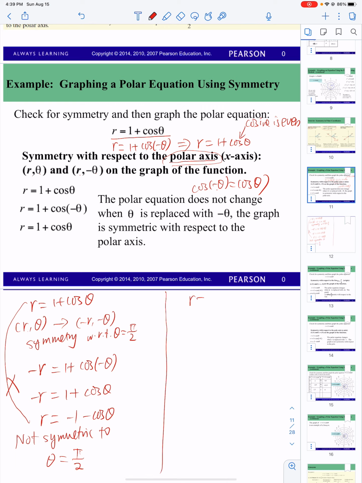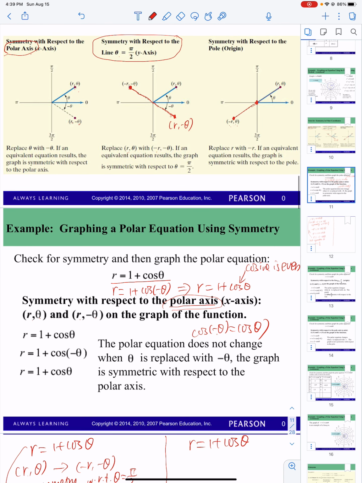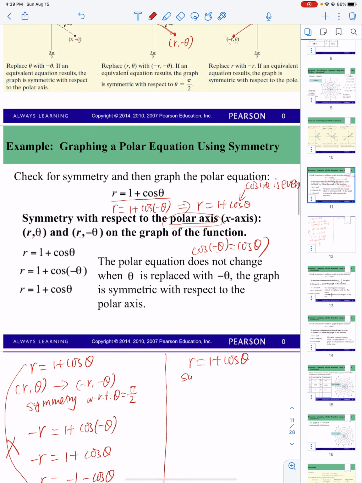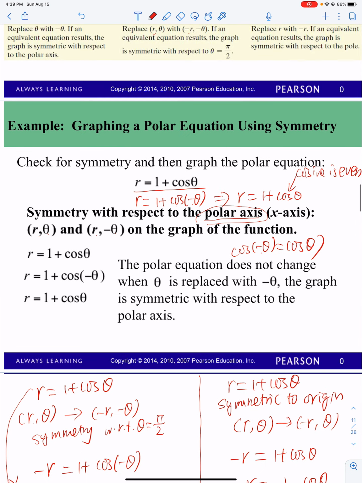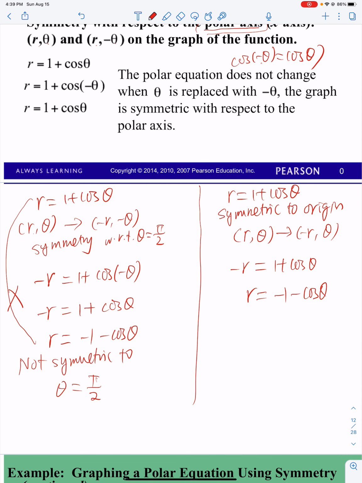So r equal to 1 plus cosine theta. What is the last one? Symmetry with respect to the origin. What does this mean? Your (r, theta) goes to (negative r, theta). So let's say you have negative r equal to 1 plus cosine theta, which gives negative 1 minus cosine theta. Do we have the symmetry? No, they are not the same.